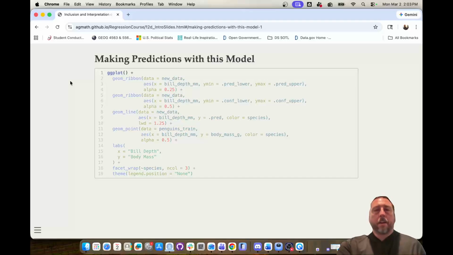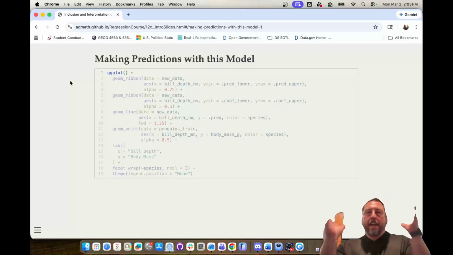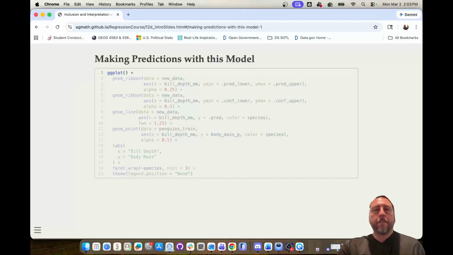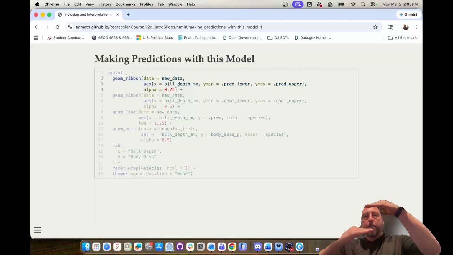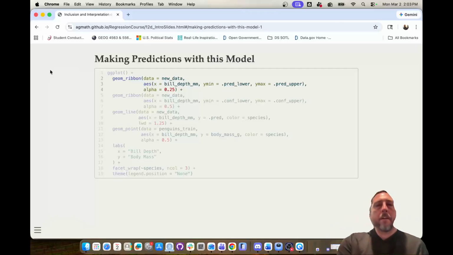So I'm going to start with ggplot. That's taking out a canvas to draw on top of. I'm going to add a layer to that. I'm going to use geom_ribbon, which is going to give me a band that's colored in between some lower value and upper value. So I have the X location for a cross section of that band. So I'm going to plot bill depth in millimeters along my horizontal axis.